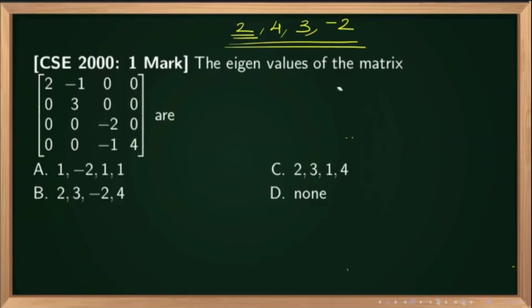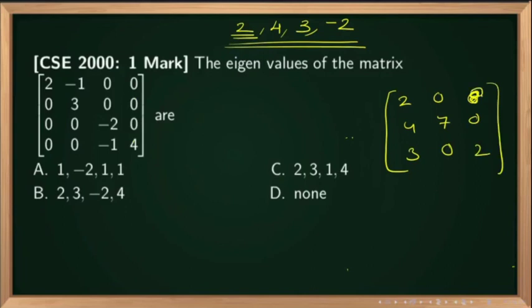I'll give another example for this particular problem. Suppose I have a matrix like 2 4 3, 0 7 0, 8 0 2. Can you say what an eigenvalue of this matrix is? Quickly.